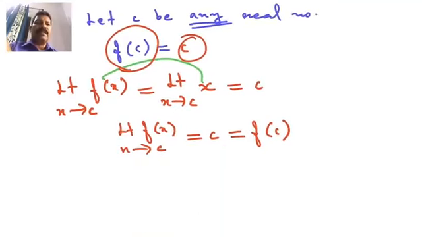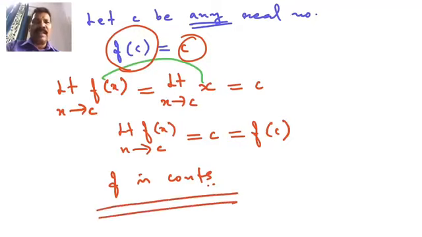Therefore, we can conclude that f is continuous at c. But c is any real number, so function f is continuous at every real number, that is, at every point in the domain. So simply we can say the identity function is continuous.